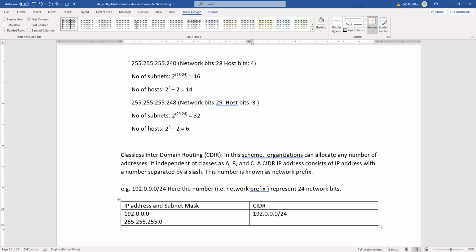That's how it is represented. What you need to remember is that this is the IP address, and this is just the number of bits for the network. That's all you need to remember.